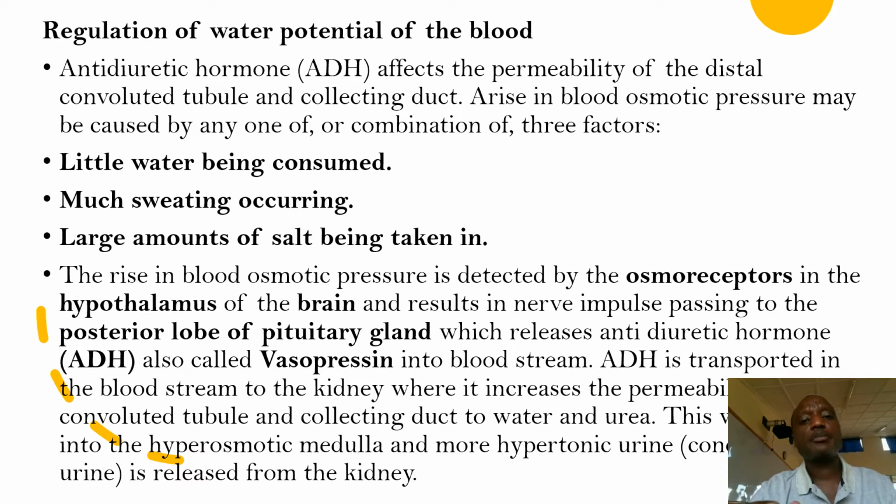So what happens here, once there is an increase or rise in blood osmotic pressure, this may be caused by any one of or a combination of 3 factors. So basically we have 3 factors which may cause an increase in osmotic pressure of blood.